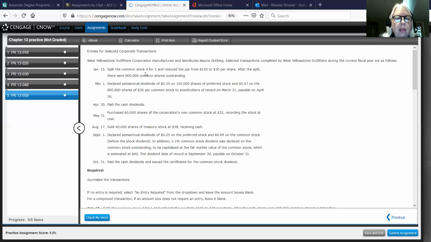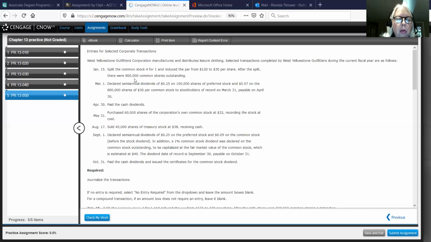If we split the stock 4 times for 1 share, then we multiply 4 times the 200,000 to give you the number of shares of common stock that will be outstanding at 800,000.